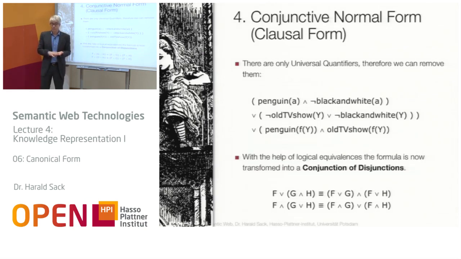What you do next, to get into the conjunctive normal form, is take, for example, the formulas for the distributive law, which can be applied to switch this formula into a conjunction of disjunctions, which would then be the conjunctive normal form or clausal form.